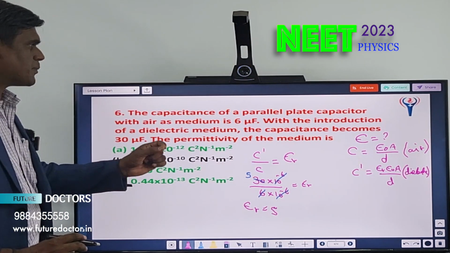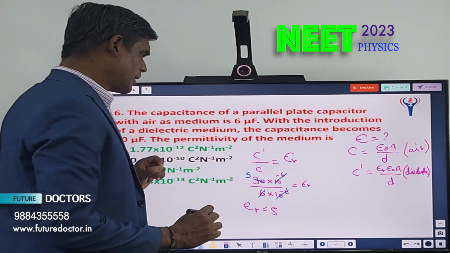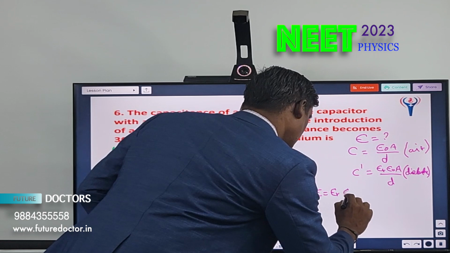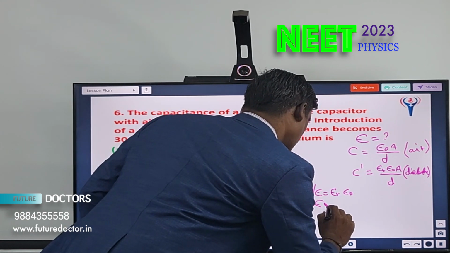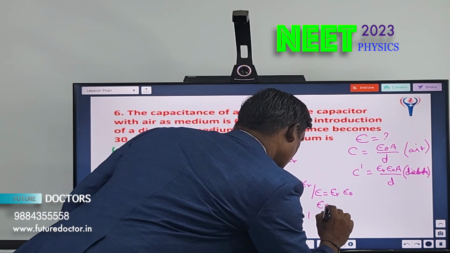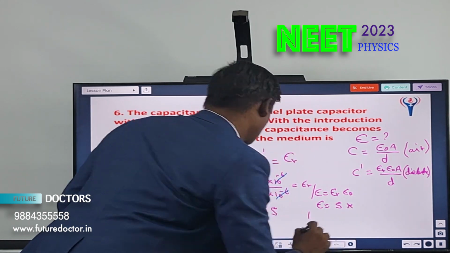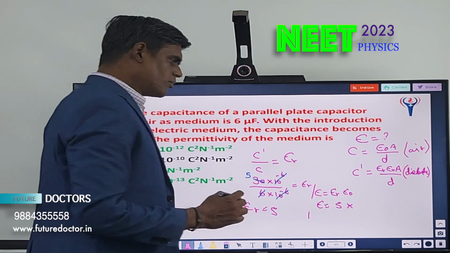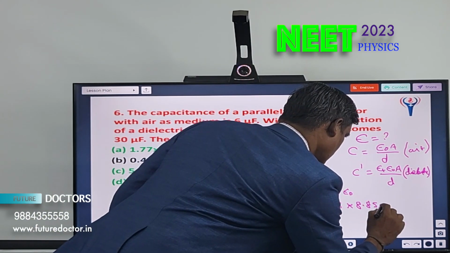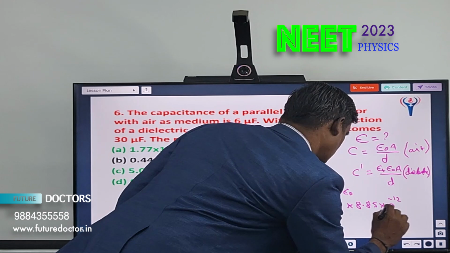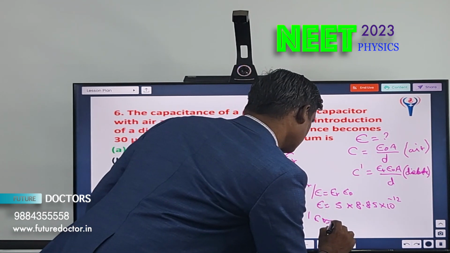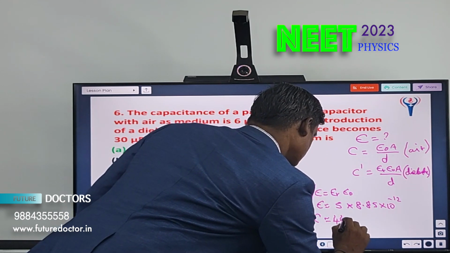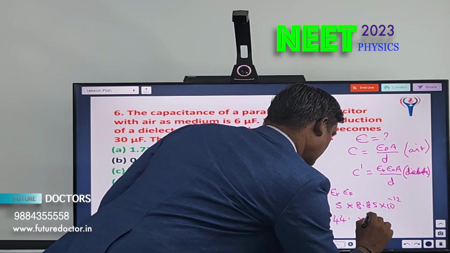But we want to find epsilon. What is the relation between epsilon and epsilon R? That is epsilon equal to epsilon R into epsilon naught. Epsilon R is 5. Just now only we found epsilon naught. What's the value of epsilon naught? 8.85 into 10 power minus 12. Then to simplify this, you will get epsilon equal to 44 point something into 10 power minus 12.